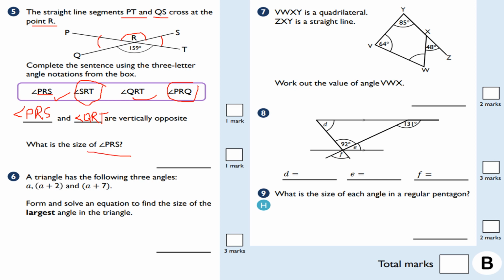So PRS is equal to 159 degrees, because vertically opposite angles are equal. And then from there, I can work out the other remaining angles by realizing that that's a straight line. So that angle here will be 180 take away 159 if you're interested.